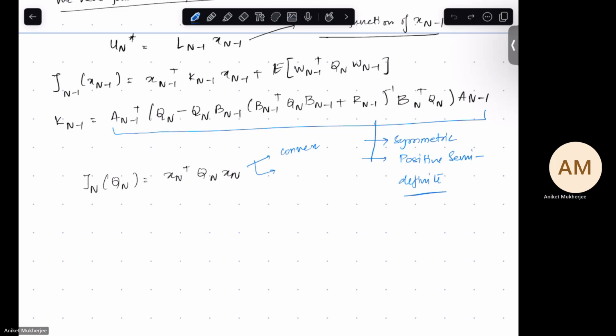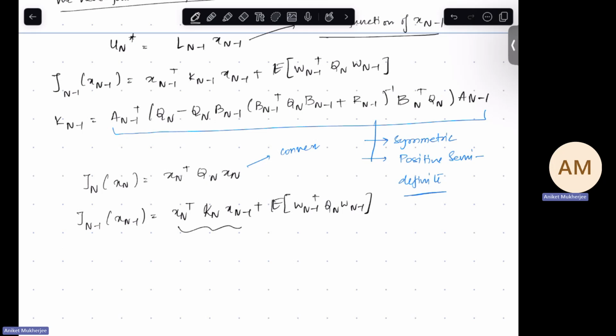Similarly, if you write Jn minus 1 of Xn minus 1, this is Xn minus 1 transpose Kn Xn minus 1 plus expectation of Wn minus 1 transpose Qn Wn minus 1, right? And here also you can see that it is quadratic in Xn minus 1, right?